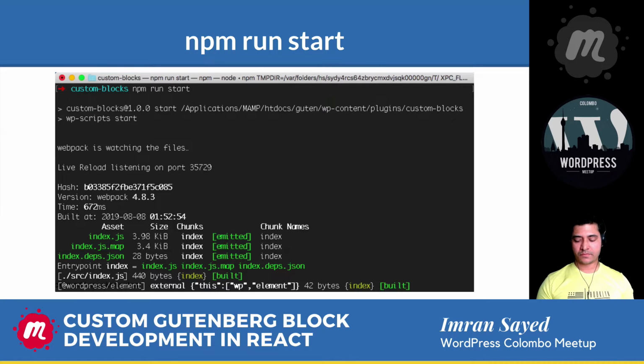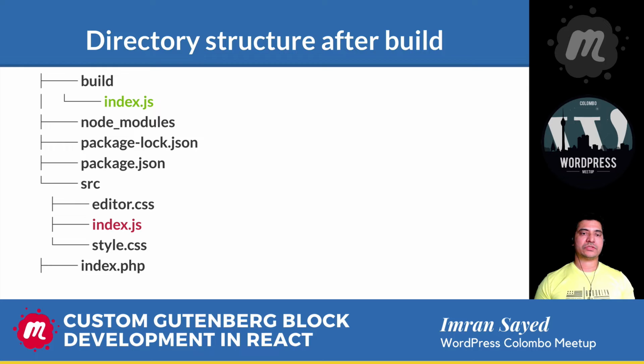Okay. Alright, so after you run that command, see how the build structure changes. So now you can see the green one, that is the one that's been outputted, and the source for that is the red file, which is index.js. So that is the entry point where it's taking the code from.